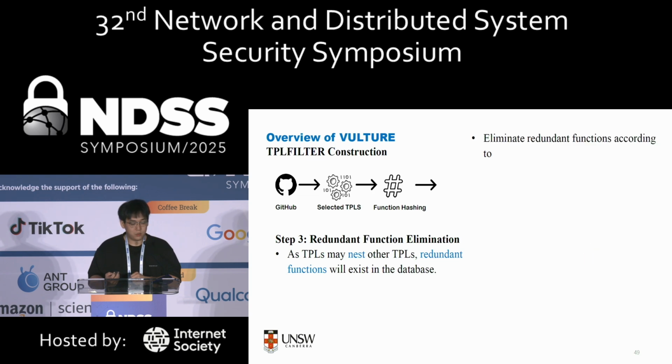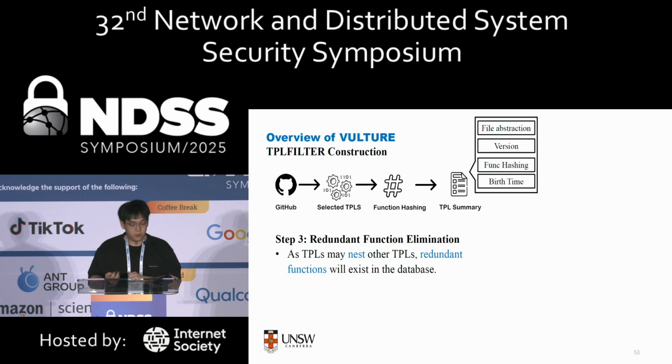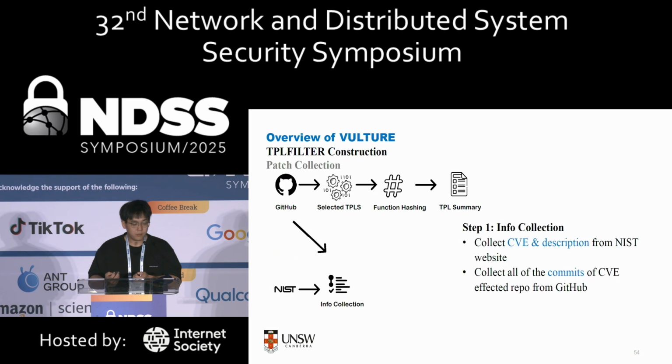We eliminate these redundant functions according to the function creation time and the similarity between functions and the TPL name. This is a little bit complex, so we put it in our paper. After redundant function elimination, we have a TPL summary containing the file abstraction, function hashes, version time, etc.